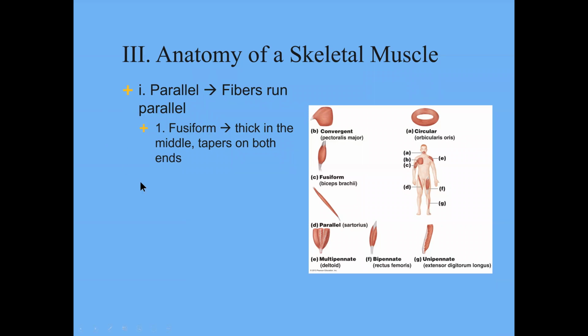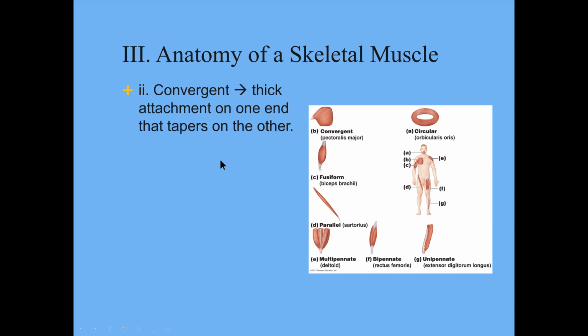We can have fusiform, which is thick at the middle, okay, and tapers on both ends, an example would be the biceps. That's a fusiform shaped muscle, biceps brachii. We can have a convergent, which is thick attachment at one end, okay, tapers to the other, and that's the pectoralis major.